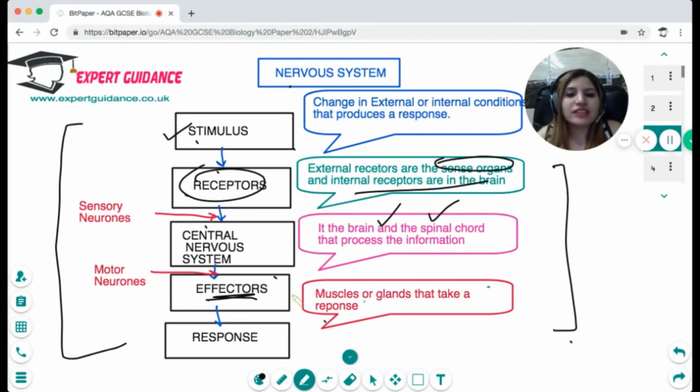So the effectors are generally the muscles or glands, which are directed by the central nervous system to take actions, and then they produce a response. For example, there's a change in blood glucose level. Your brain receptors will detect it and send it to the central nervous system. The central nervous system directs the pancreas to release insulin. So the effector in this case would be the gland.